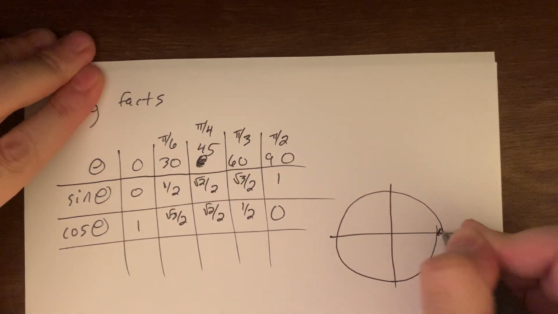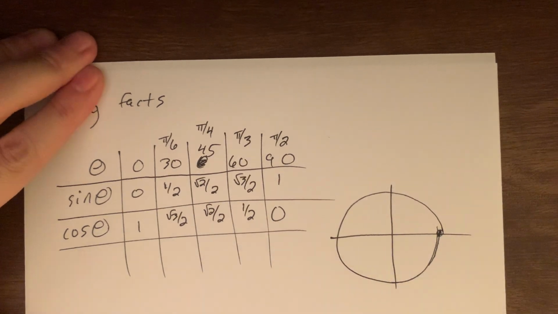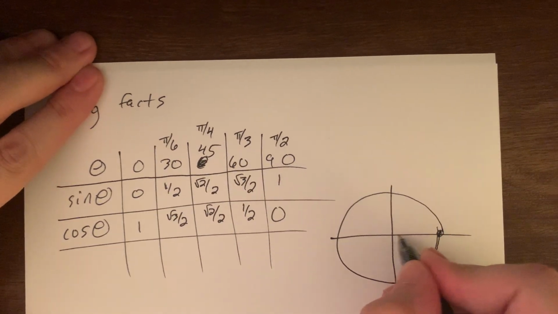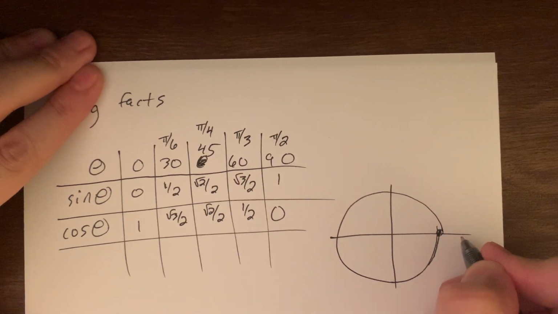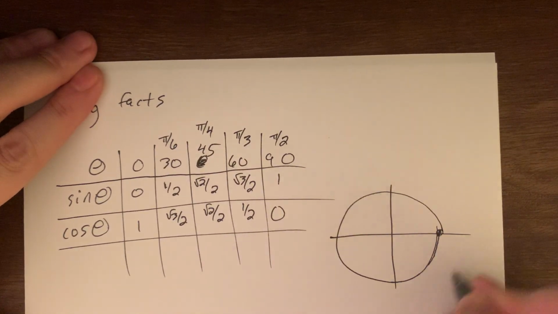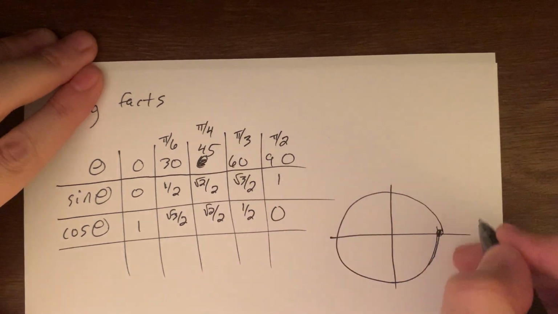A circle, sorry it's a bad circle, but a circle centered at the origin where all angles are in standard form, starting on the positive x-axis, positive angles if we go counterclockwise, negative if we go clockwise.